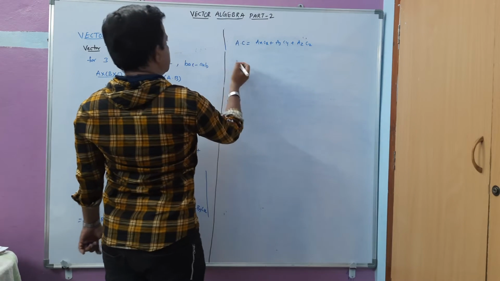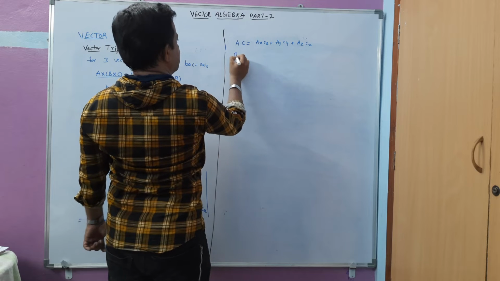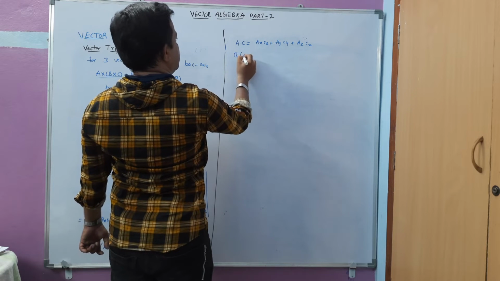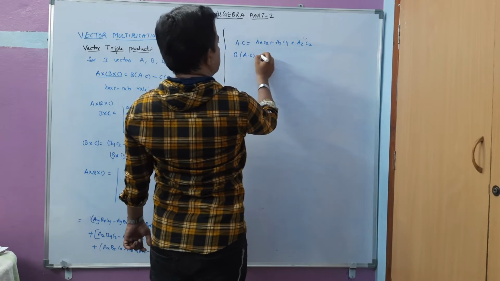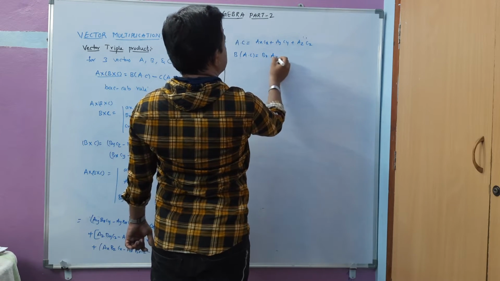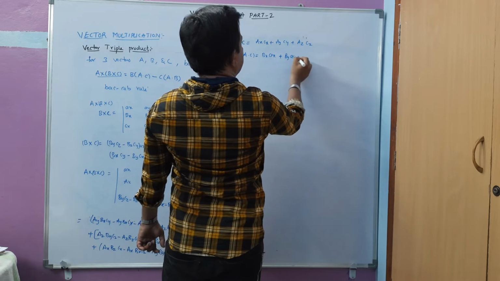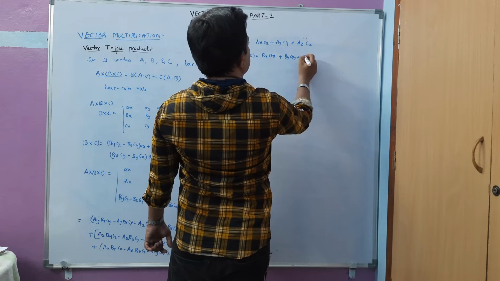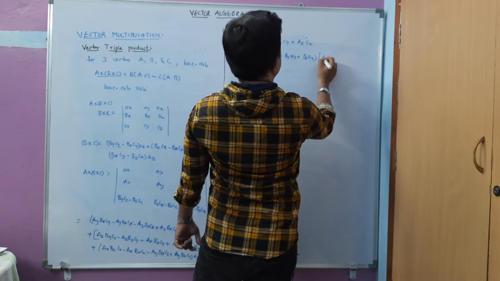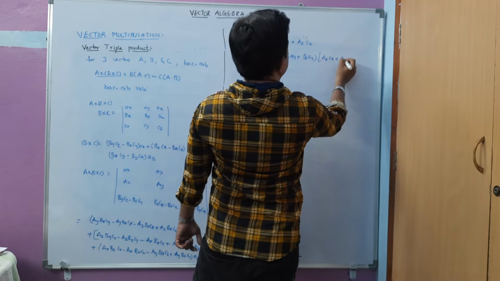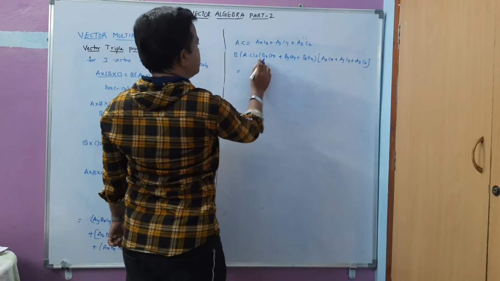Similarly I will take b. b into a dot c I have to take, that is BX AX plus BY AY plus BZ AZ, into AX CX plus AY CY plus AZ CZ.